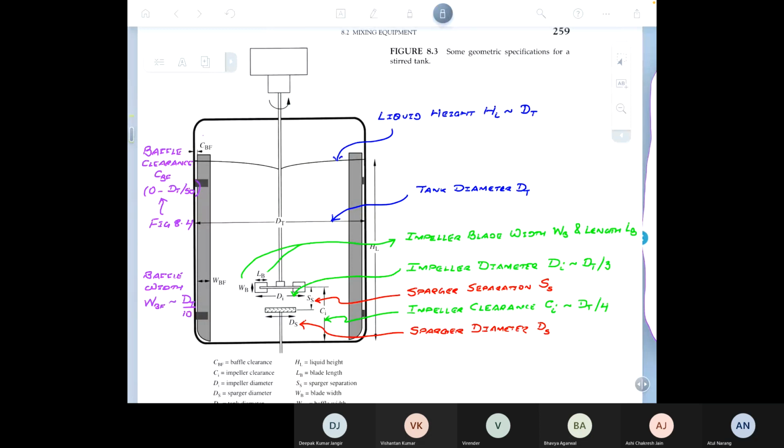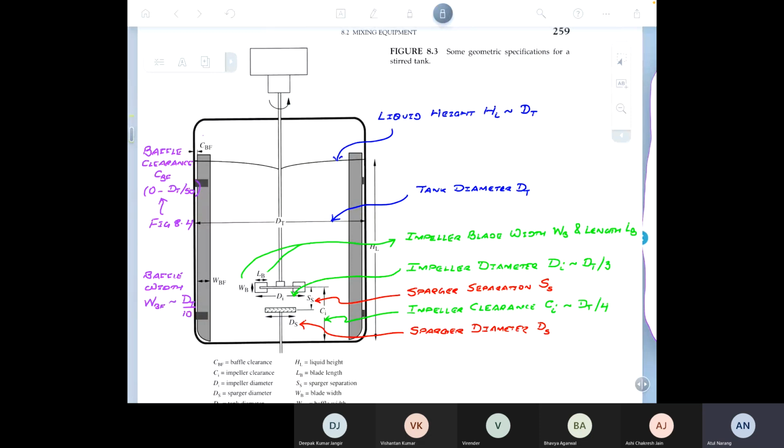So, roughly speaking, as we will find out, the air bubbles come out of the sparger, then they are sort of entrained, they are pulled in by these flat blades or pitched blades on the impeller, and then the air is kind of thrown along with the liquid, right?